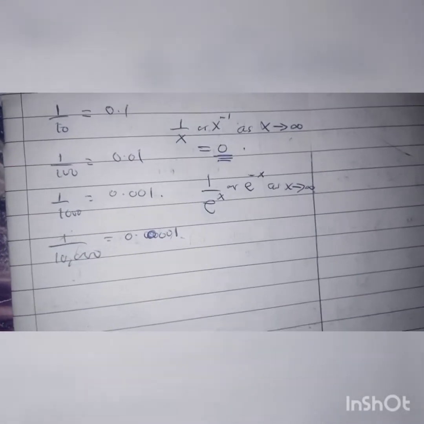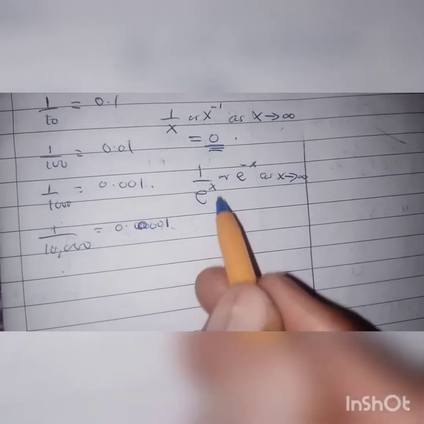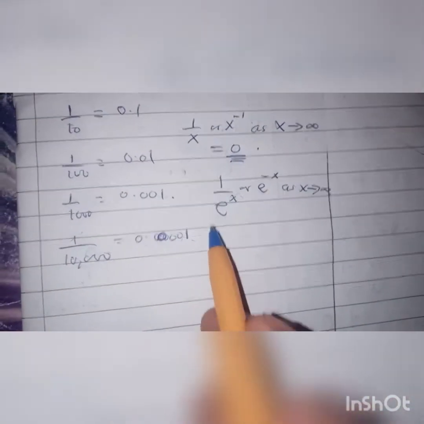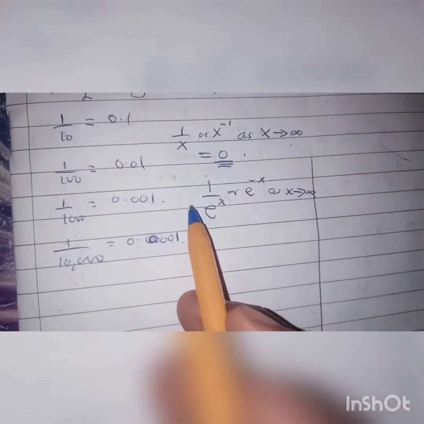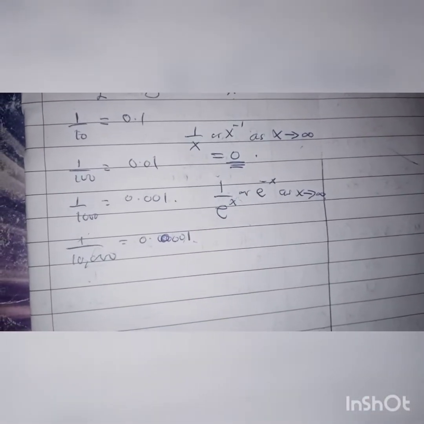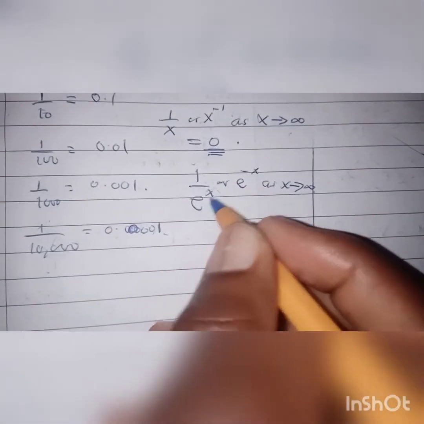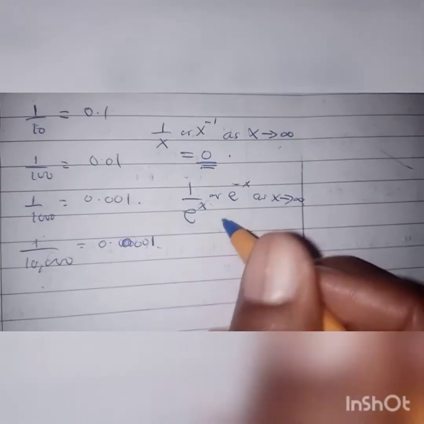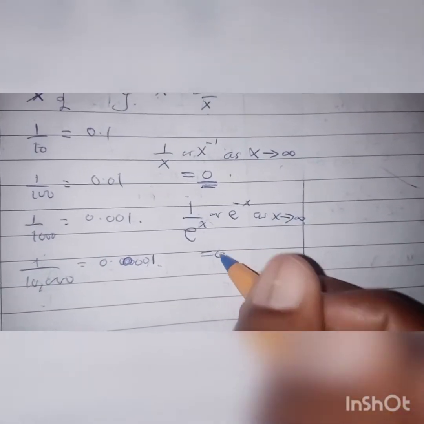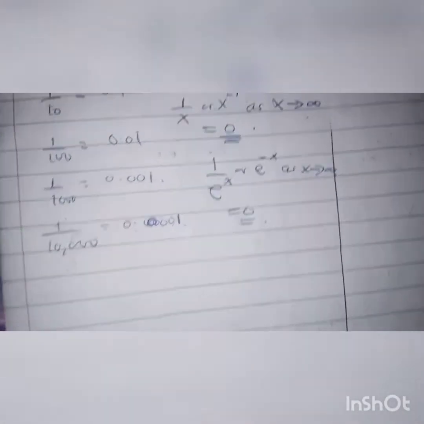Remember that as x approaches infinity, it will be just 1 over e raised to power infinity. As x keeps on increasing, now let's prove it. The limit of 1 over e raised to power x as x approaches infinity is just equal to 0. But how? Let's begin showing it.